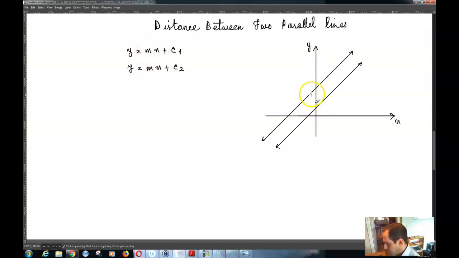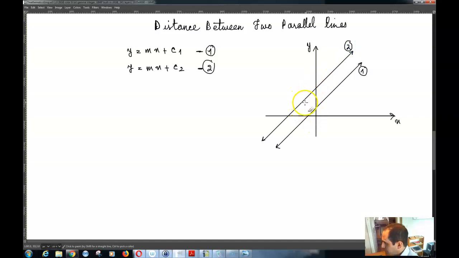And therefore they are displaced along the y-axis, but otherwise they have the same slopes. So suppose that this is line 1, this one over here, and this one is line 2.